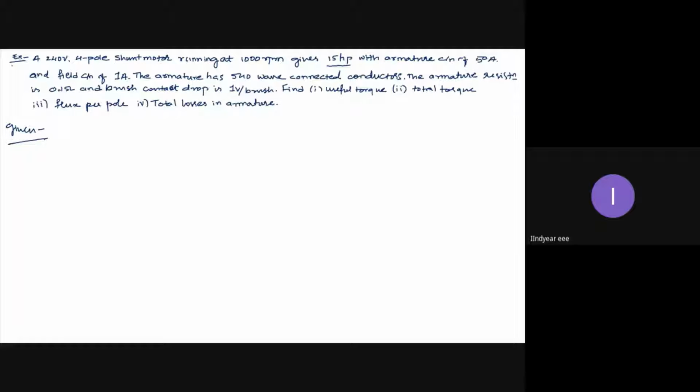Okay. So given things are V is equals to 240. A 4-pole, number of poles is equals to 4. Shunt motor running at 1000 rpm. N is equals to 1000.